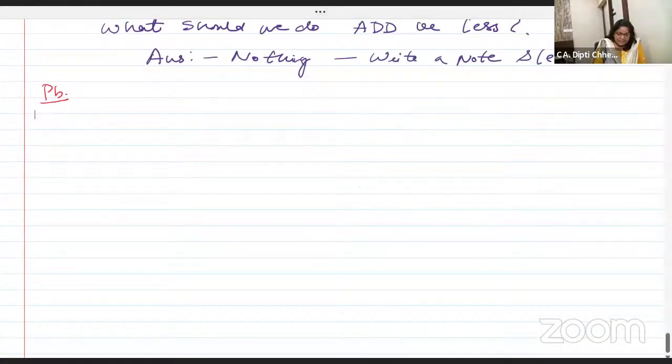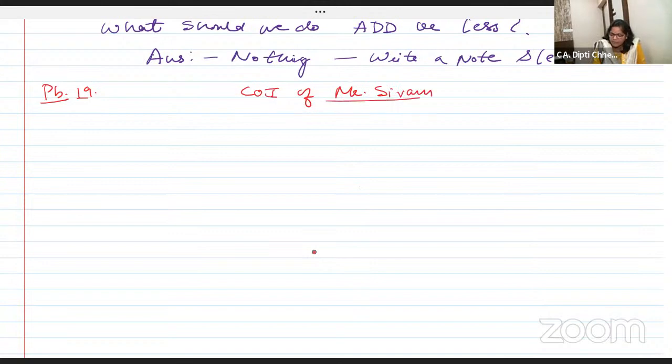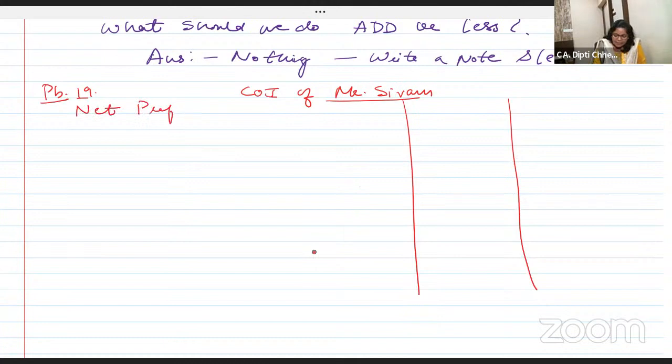Problem number 19. Computation of income of Mr. Shivam. Please do it along with me. Particulars, amount. Always start with net profit as per profit and loss account. Net profit as per profit and loss account is 50,000.